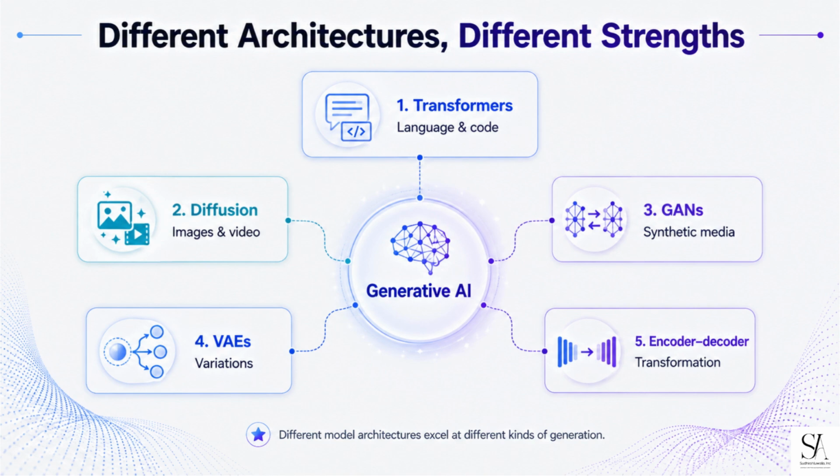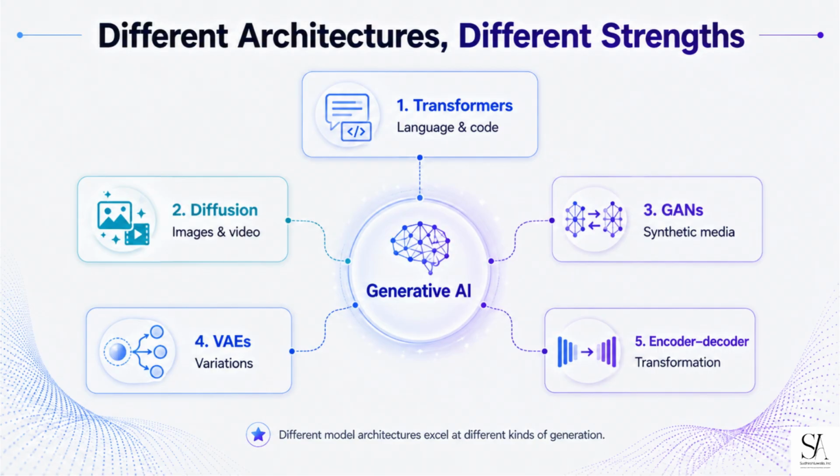There are also variational autoencoders, usually called VAEs. These models learn compressed representations of data and can then use those representations to create new variations. They have applications in areas such as controlled generation, image reconstruction, anomaly detection, and exploring variations within a learned data space.